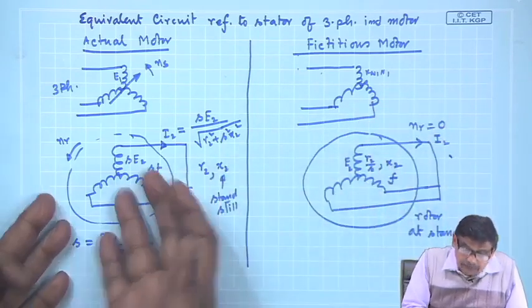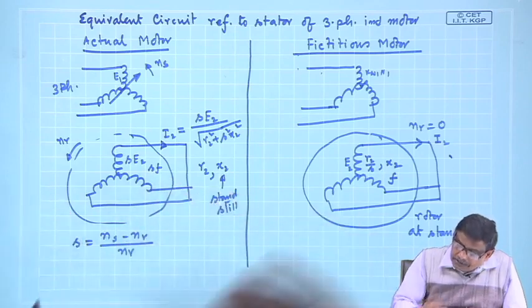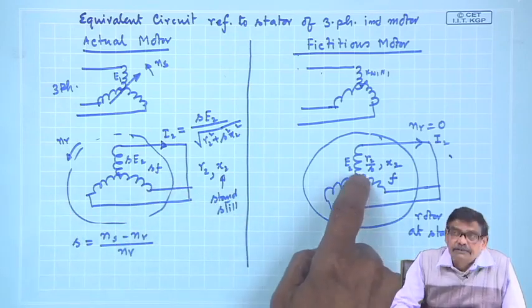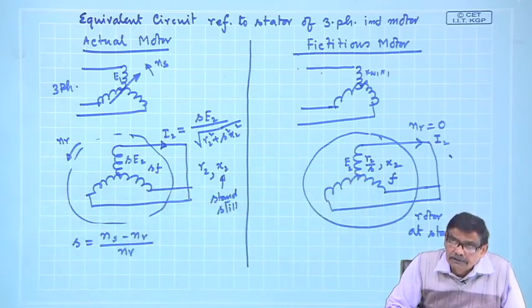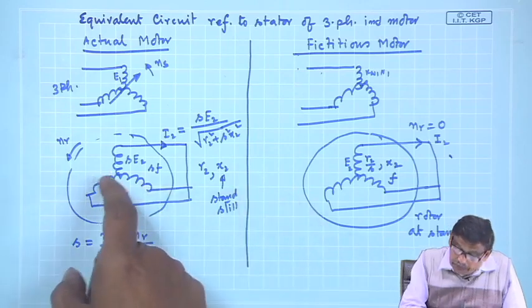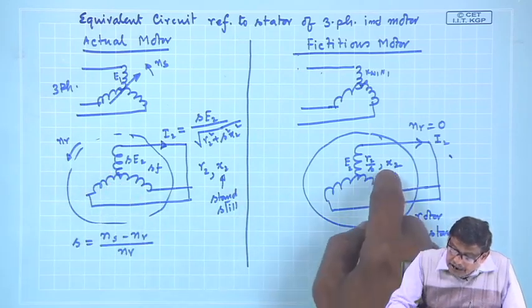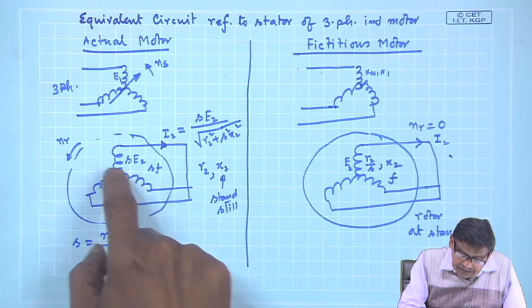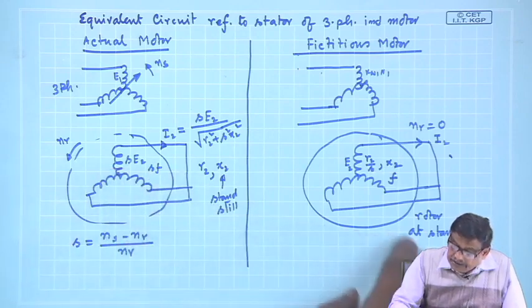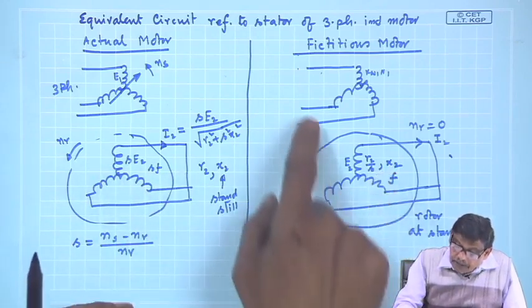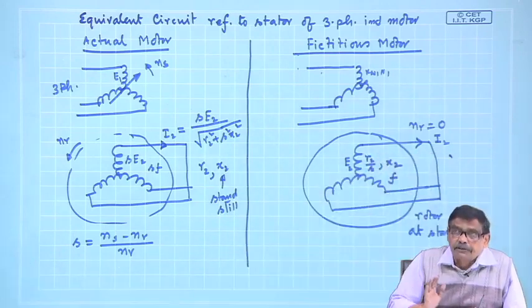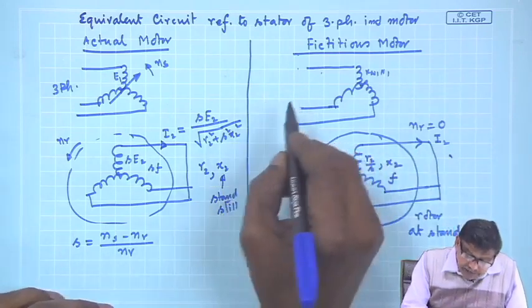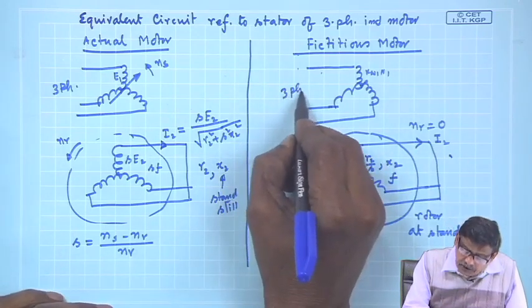What is there is this motor. Imagine its rotor resistance per phase is R2 by s, where s is the slip of this actual motor, and X2 is the same as the X2 at standstill, and the machine is stationary. And you have applied the same 3-phase voltage.